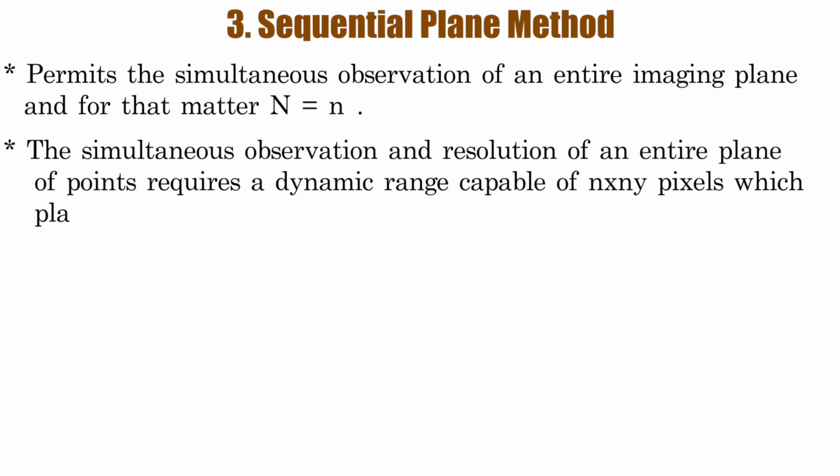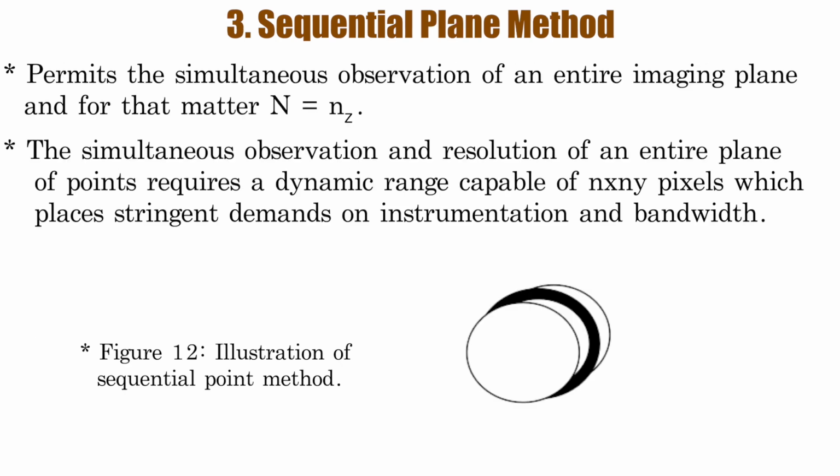The sequential plane method permits the simultaneous observation of an entire imaging plane, and for that matter, the total number of experiments required for the complete image n equals nz. The simultaneous observation and resolution of an entire plane of points requires a dynamic range capable of nx ny pixels, which places stringent demands on instrumentation and bandwidth.